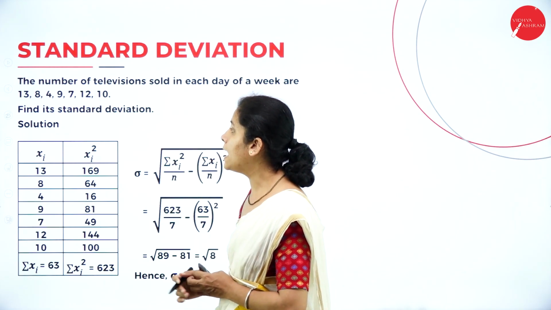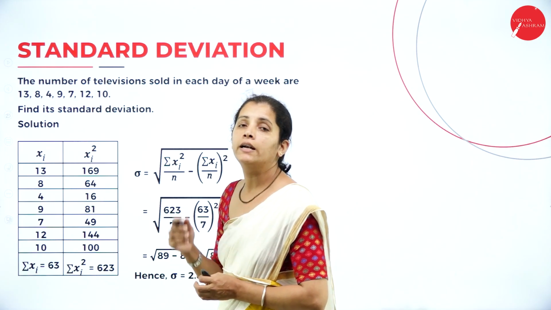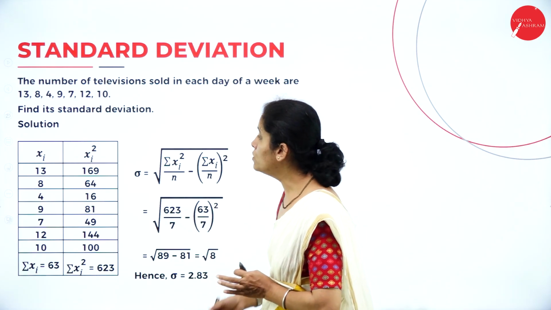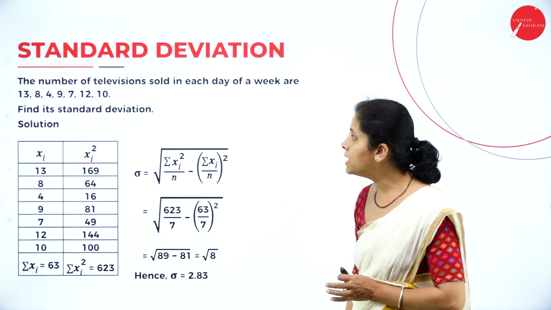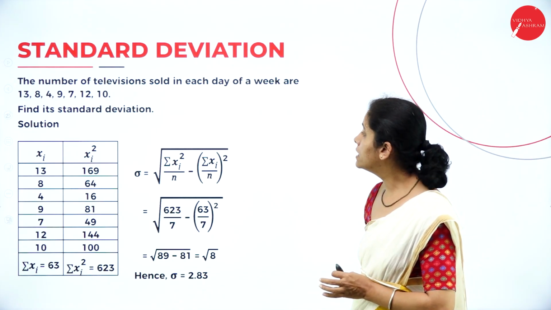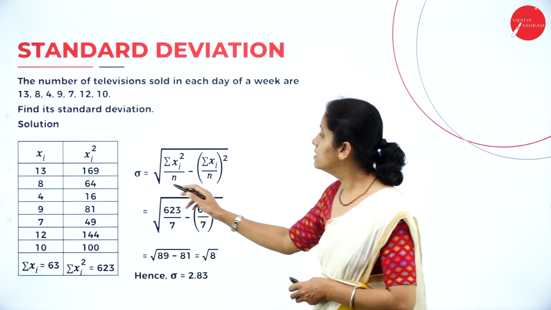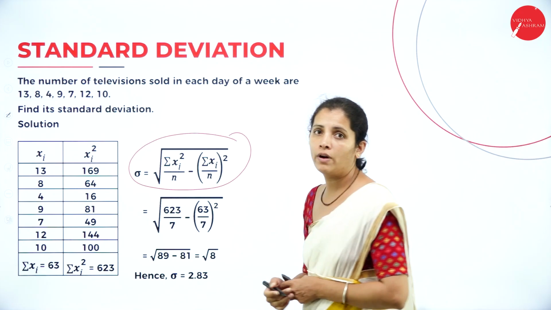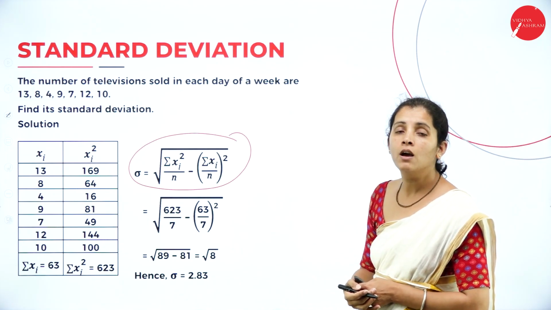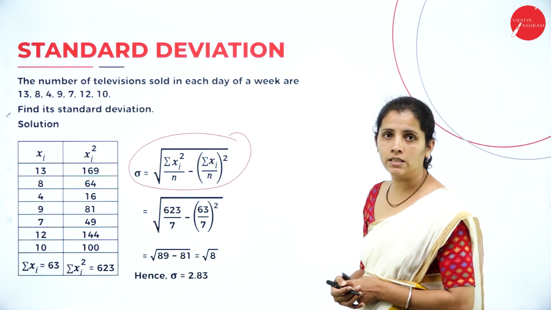I want to align the data, or directly I can substitute the formula. So here, what is the formula to find out by the direct method, that is sigma. So this is the formula used to find the standard deviation by using the direct method.